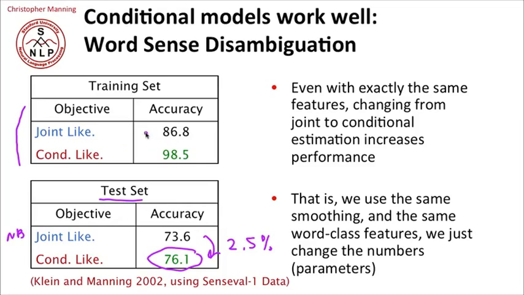The joint model gets 86.5%, which goes up to 98.5% for the conditional likelihood model. You could think that that's good news, but it's also actually a cause for worry. What you will find is that conditional models can very easily memorize much of a training set, and so they're very prone to overfitting by memorizing too much what happened to be seen in training data, which may not reappear in test data. And so we'll go on and look at how to control this kind of overfitting later on in this discussion.